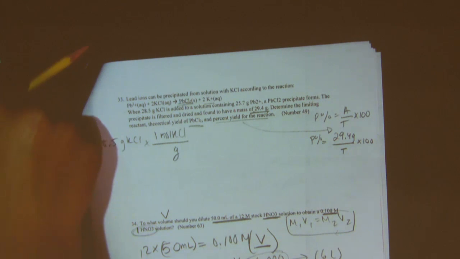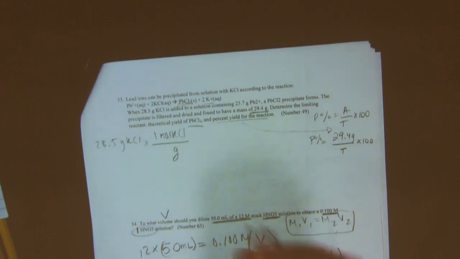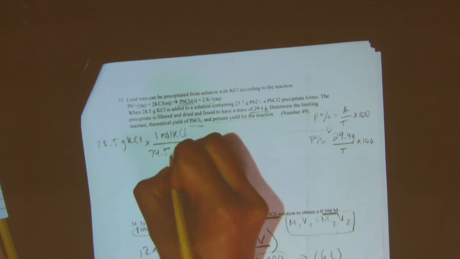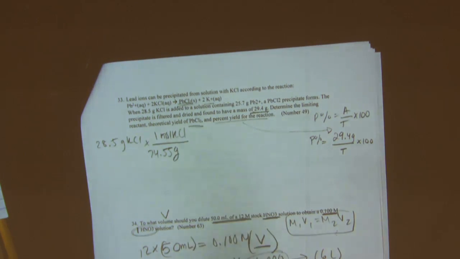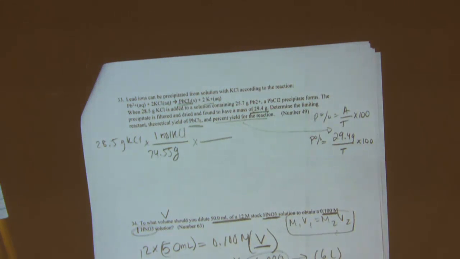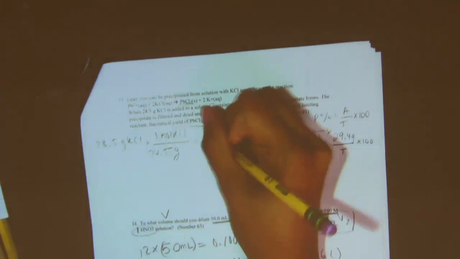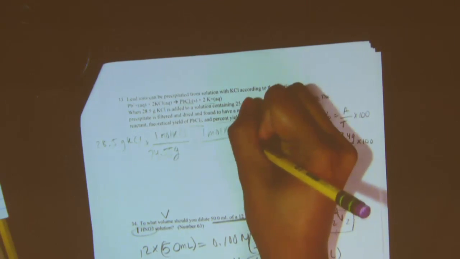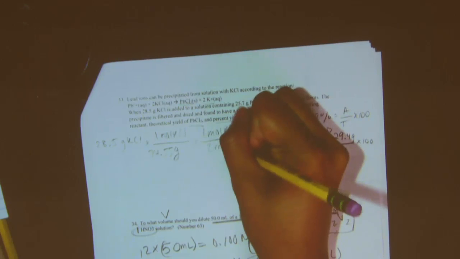I'm pretty sure Cl is like 35. Let me see, I'm pretty sure I wrote this down. It's 74.55. Okay. So we have 1 mole of KCl. Now where do we go with this? I know we said we want to relate it to PbCl2, right? Thank you. 2 mole of KCl. Okay, so what do I get?